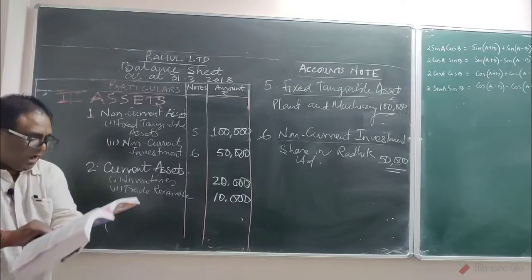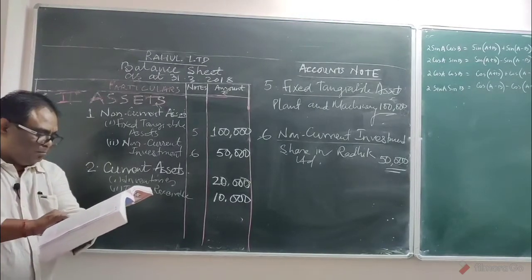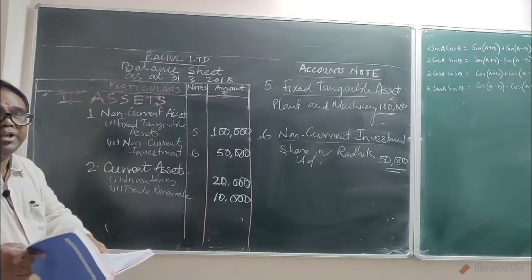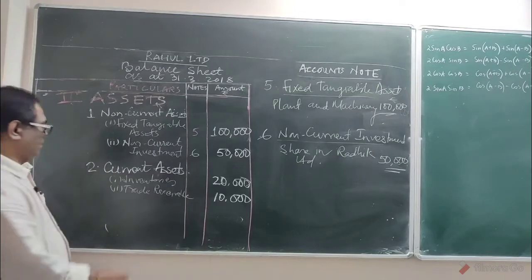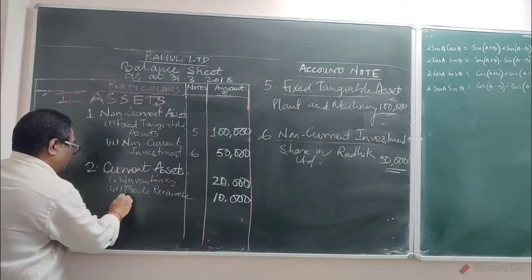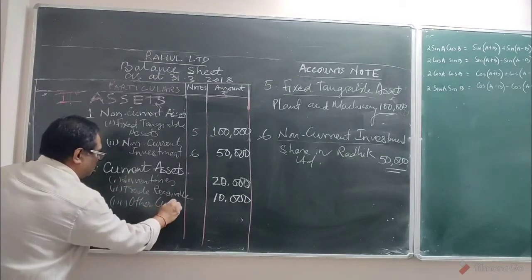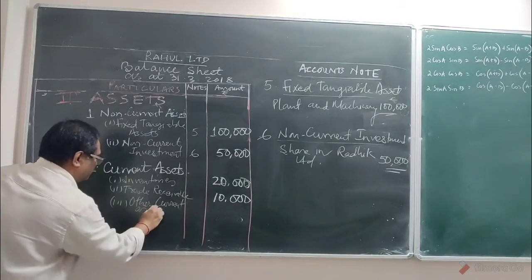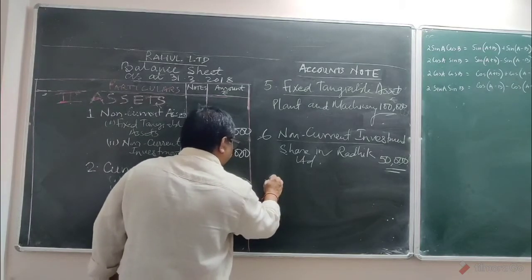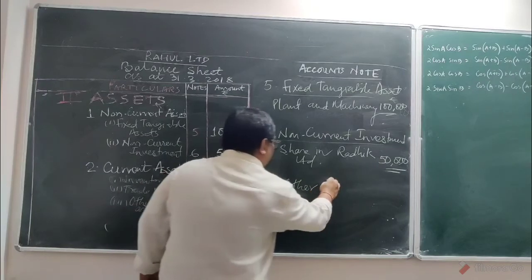Now, input IGST, input CGST, input SGST. These are shown in the accounts note under the heading other current assets. Under current assets, other current assets is one of the subheadings, so all these input GSTs will go under other current assets.